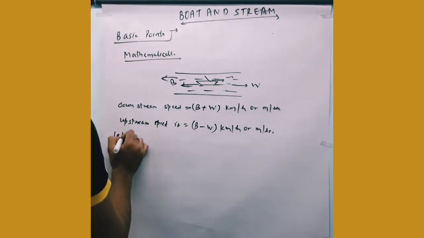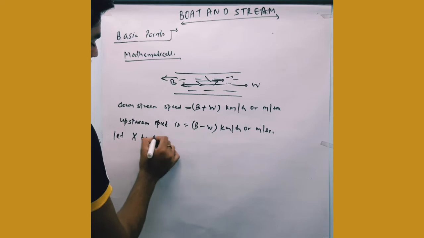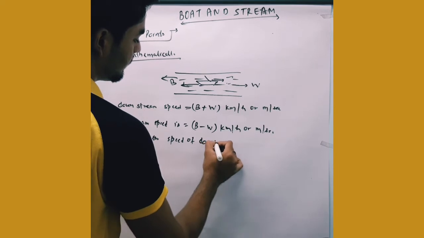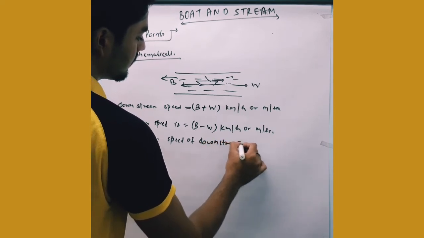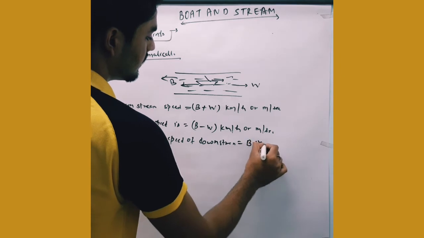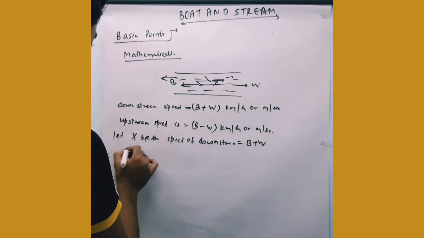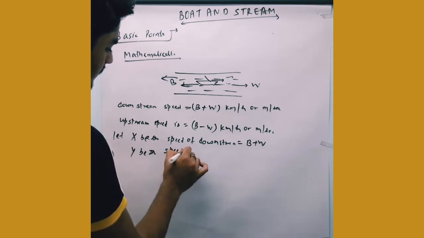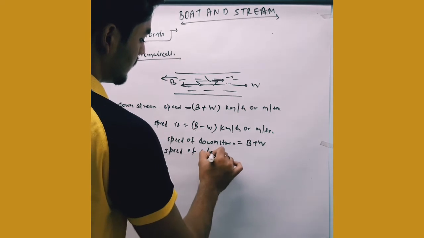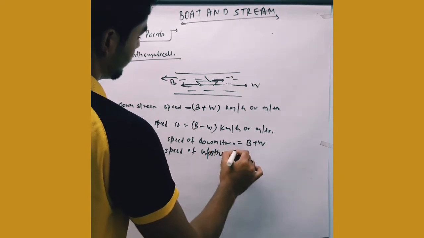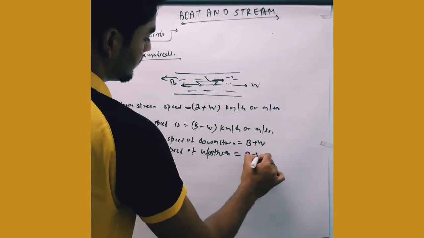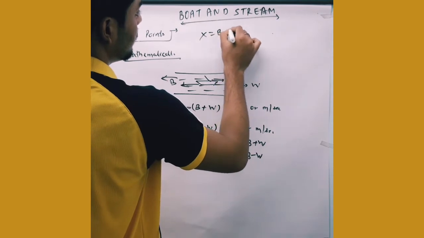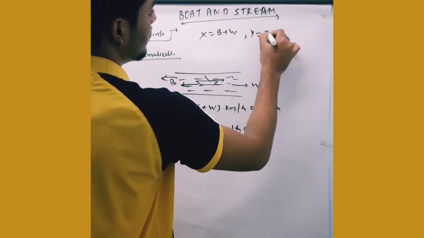Now let X be the speed of downstream, as B plus W, as we saw above. Now let Y be the speed of upstream, which is equal to B minus W. Now X is B plus W and Y is B minus W.